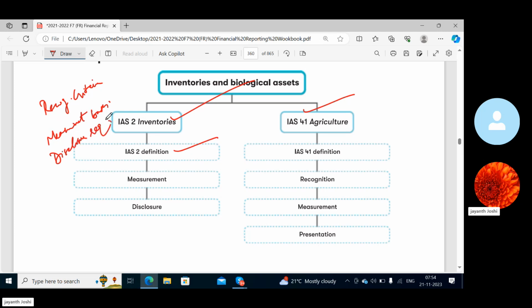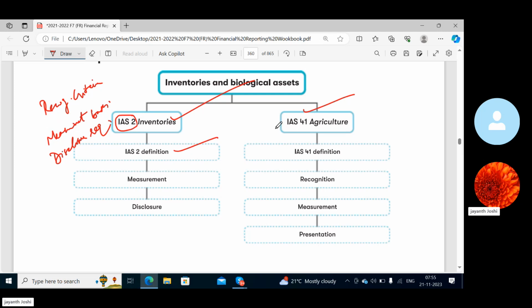These are the three things a standard gives you guidance about for the element of financial statements it is dealing with. So IAS 2 is dealing with inventory, and it will tell you which particular things you have to recognize as inventory, how to measure them, and what the disclosures regarding that inventory should be.